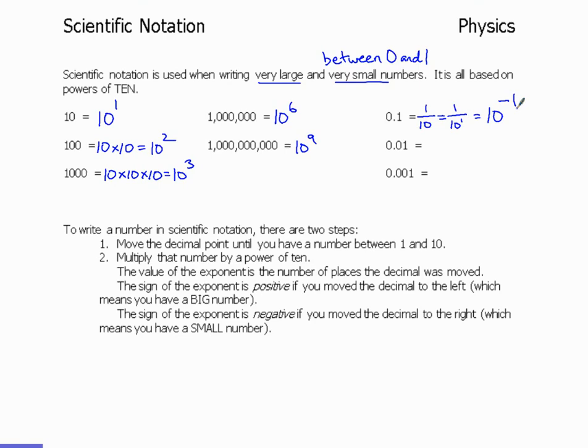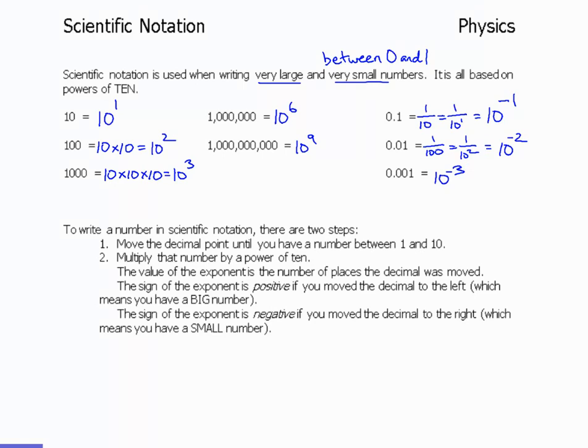We're going to call it 10 to the negative first power. 0.01 is 1/100th, or 1 over 10 to the second power. We could say 10 to the negative second power. 0.001 is 1/1000th, or 10 to the negative third power.